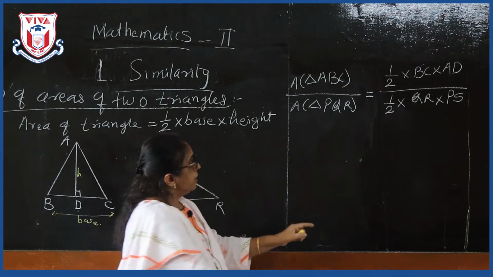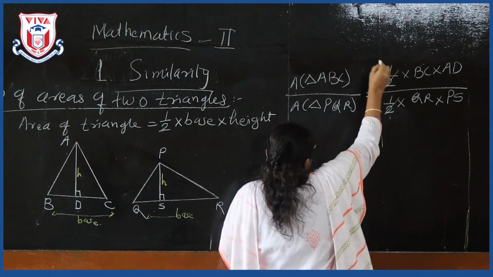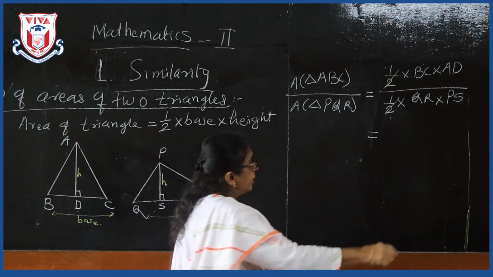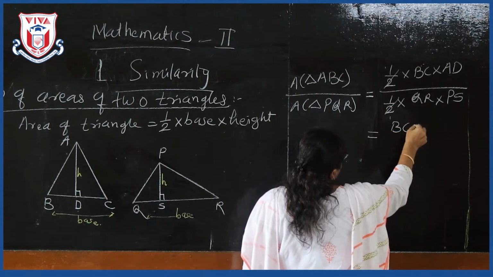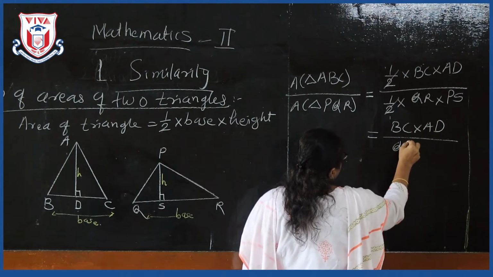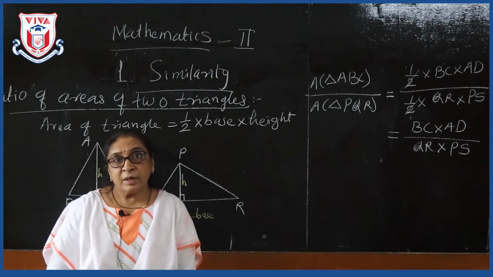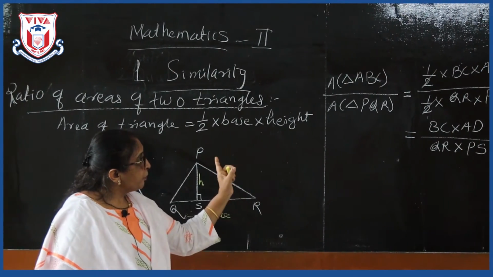Now in this case, half will get cancelled and we get only BC into AD upon QR into PS. Is it clear to you?